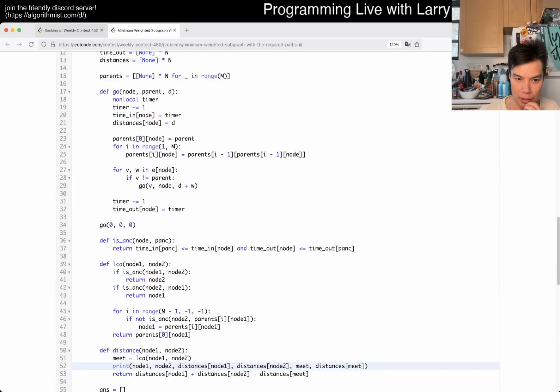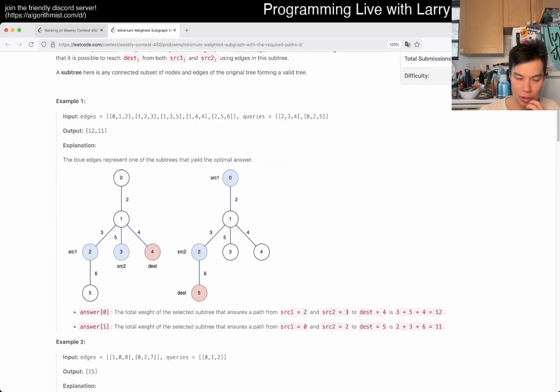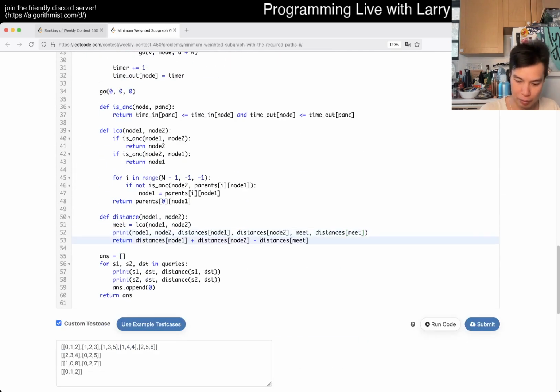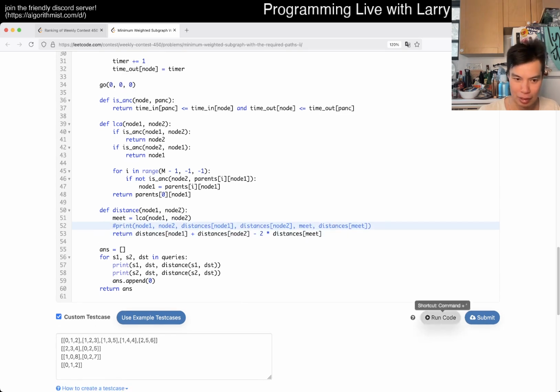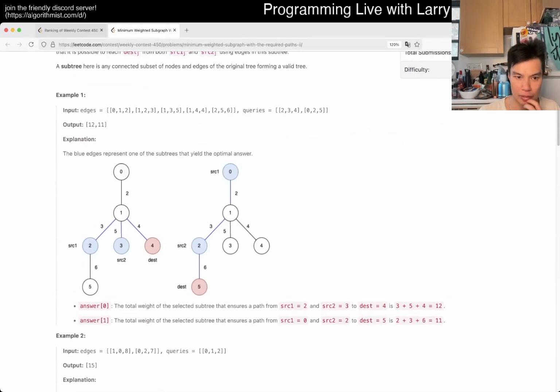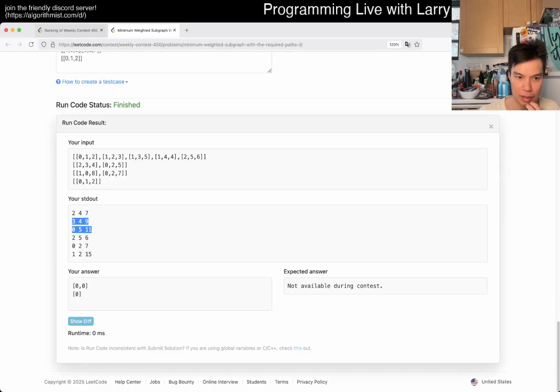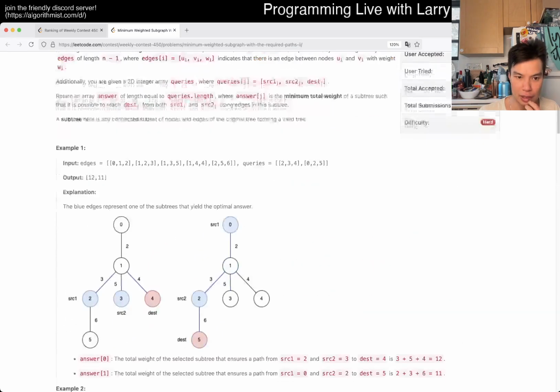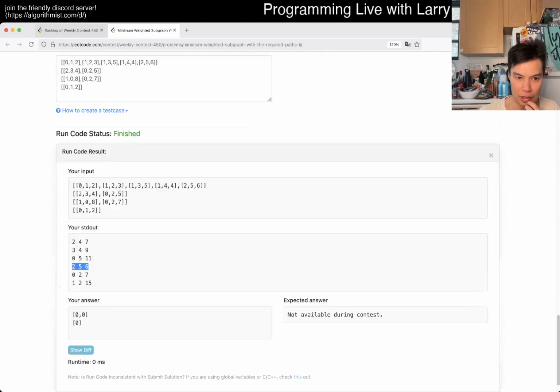Distance 1 is 2. So now, oh, distance from 2 to 4 is not 2. It's going to be 2 times that. Okay, because I've confused the problems. Okay, fine. I see. So yeah, 7, 9, 0, 5 is 11. That just makes sense. 2, 5 is 6. Where's the 5? Oh, 6, yeah, okay.